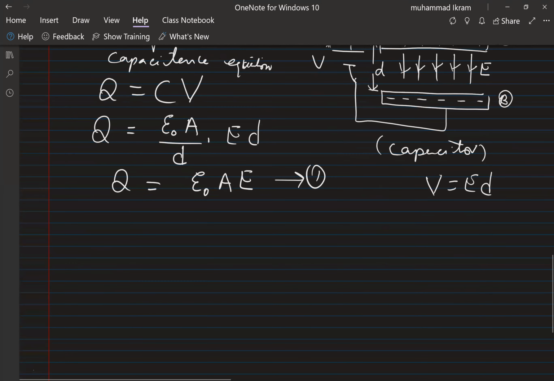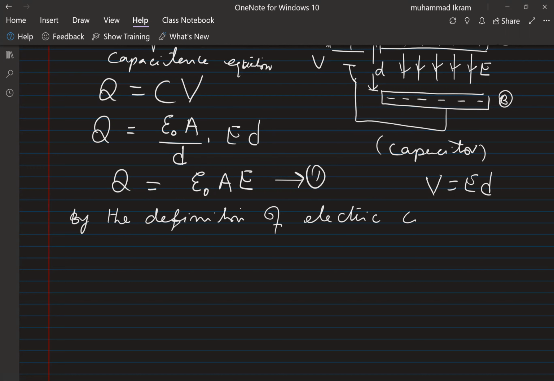Now, by the definition of electric current, we know that electric current I is the rate of flow of charge, delta Q by delta t.